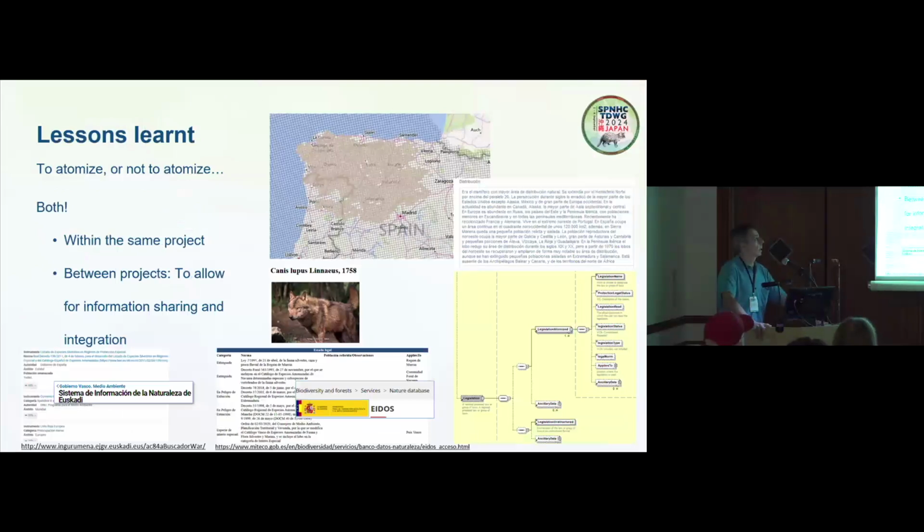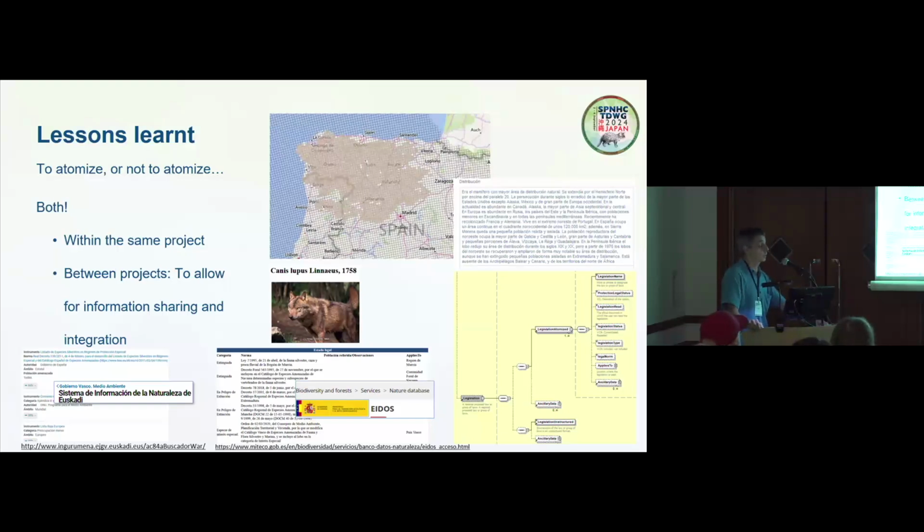And then a bit on the lessons learned. Plinian Core has been around for a number of years now, and one of the tensions within the group was at which level to specify the information about the species. The result was that for each piece of information, Plinian Core provides two approaches, what we call the unstructured approach and the atomized approach.